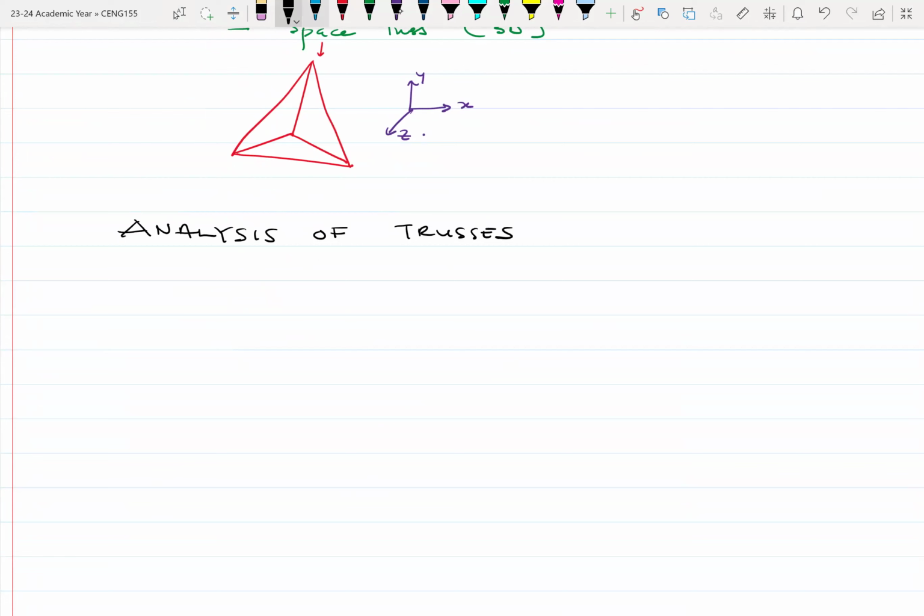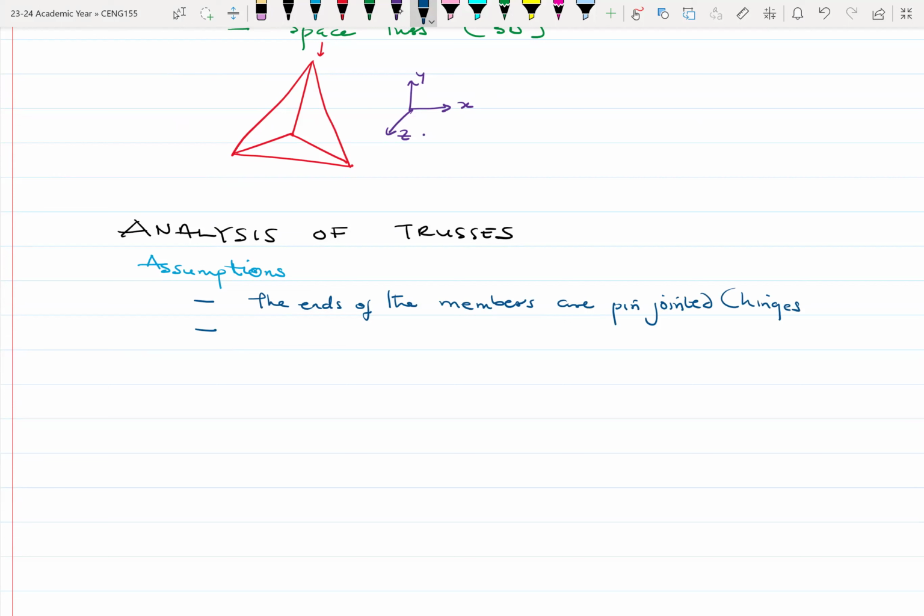It's important that we make some assumptions. These assumptions are that the ends of the members are pin jointed.